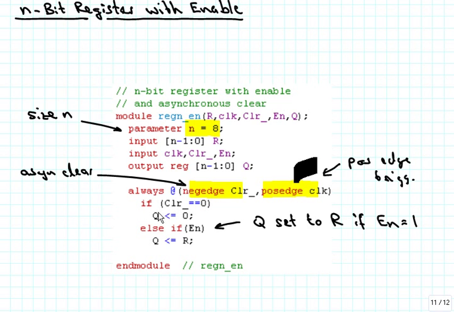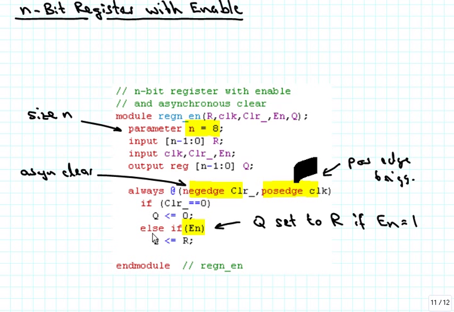Otherwise, we check whether enable is set high. And if enable is set high, then Q becomes R. In this case, it's now a transaction that involves n bits rather than just 1 bit in the D flip-flop. And if enable is low, then Q just remains at the value that it had before.